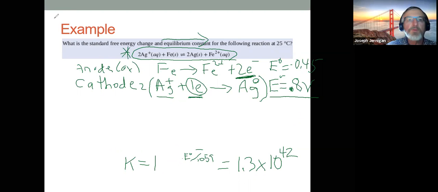Yes, sir, that's exactly what I did. That was 10 raised to the power of 2 times E cell divided by 0.059.